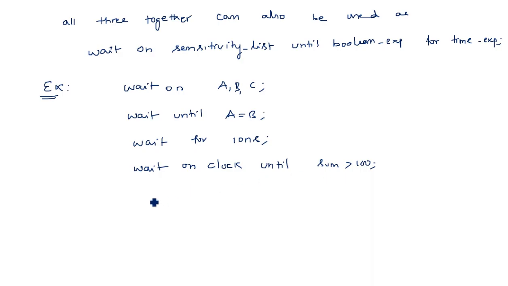Or we can also split that statement into two parts: wait on sensitivity list until some Boolean expression, again wait until sum greater than 100 for 50 nanoseconds. So we can split and write based on our requirement. Okay, this is regarding wait statement.